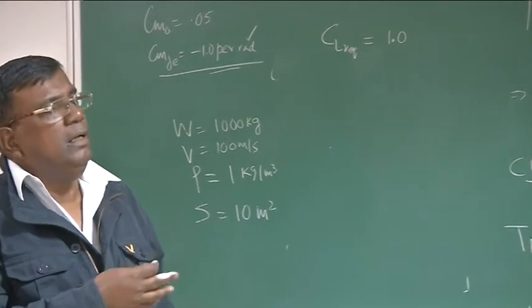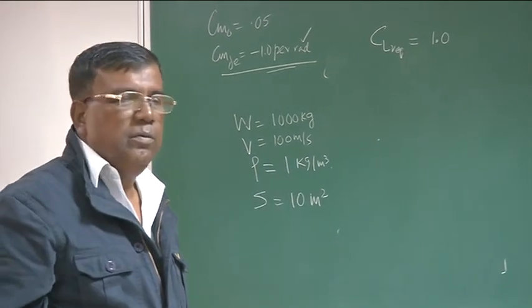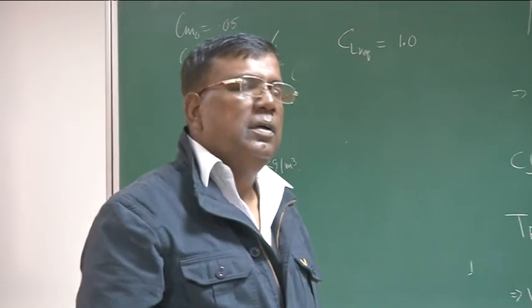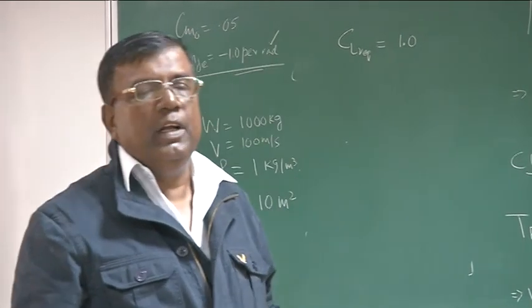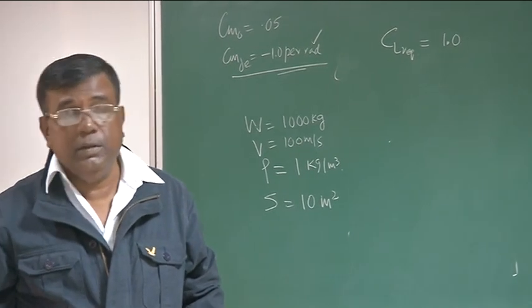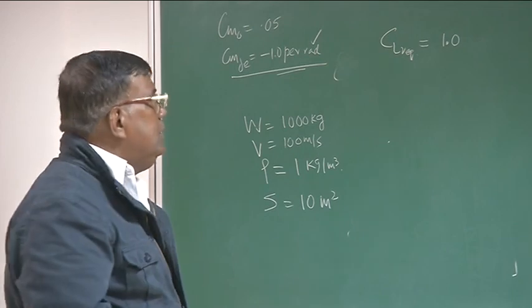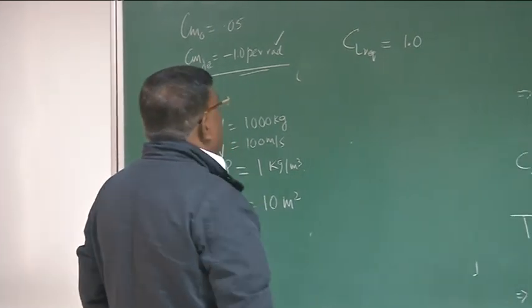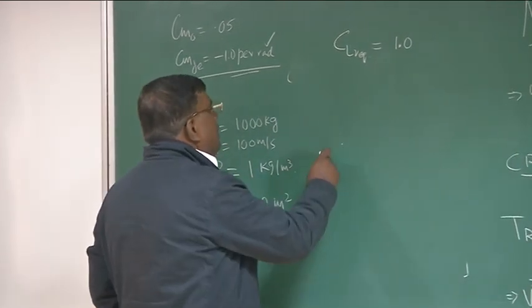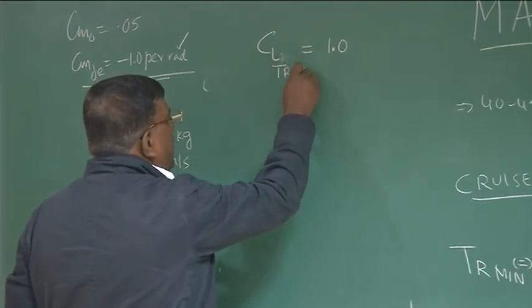Because of numerical convenience, I have taken some values, but typically CL cruise at an appropriate altitude for our jet-driven airplane, which flies at around 11 kilometers, CL cruise will be 0.2, 0.3, not more than that, right? But this is an example. So CL required, or I will say CL trim, is 1.